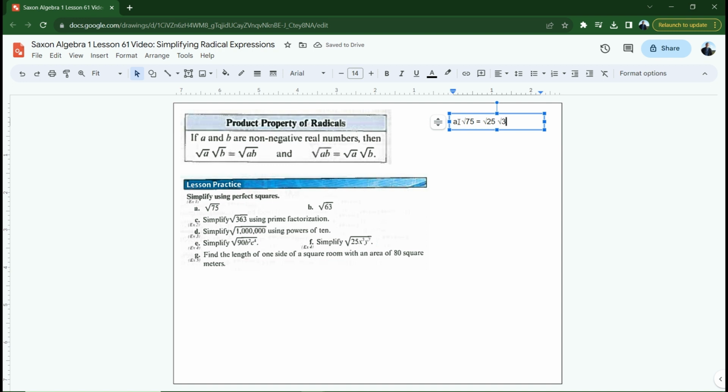We're talking about the square root of 75. So instead of 25 times 3, we're actually going to do the square root of 25 times the square root of 3. You see how that's the exact same thing as the square root of 75, according to our product property of radicals? One of these two square roots I can simplify. Square root of 25 just becomes 5. This is going to be 5 times the square root of 3. That's my answer in simplified radical form.